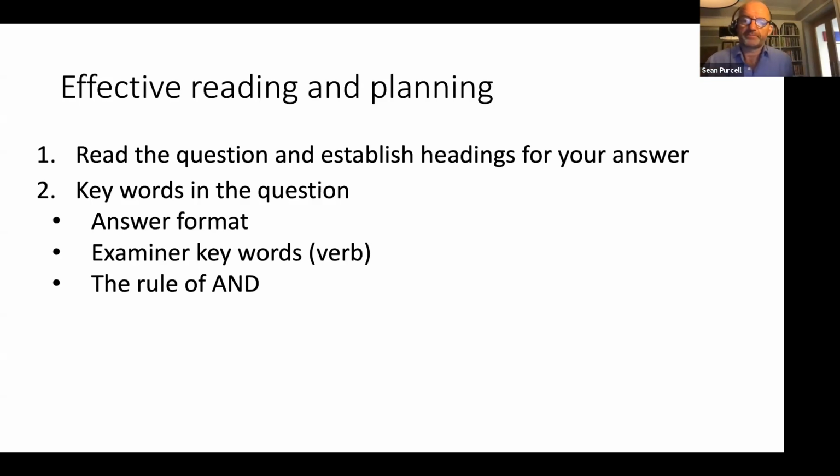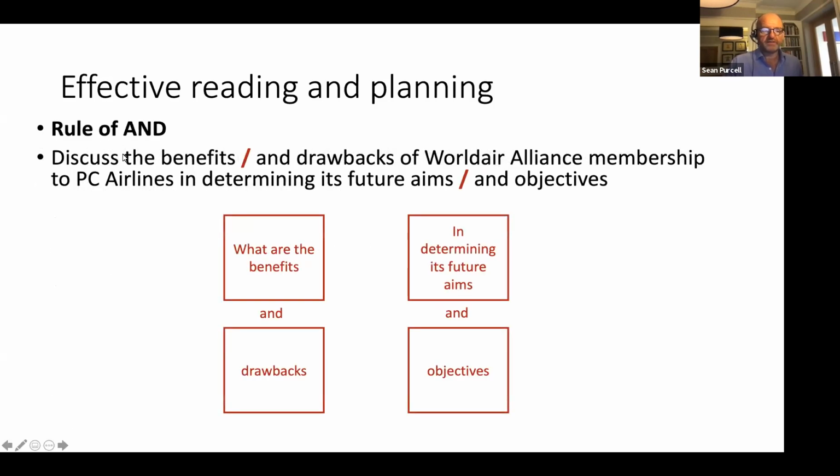I'll give you some practical tips in a moment, but we should be reading the requirement more than once. So let's have a little look here. The rule of and: discuss the benefits and drawbacks.